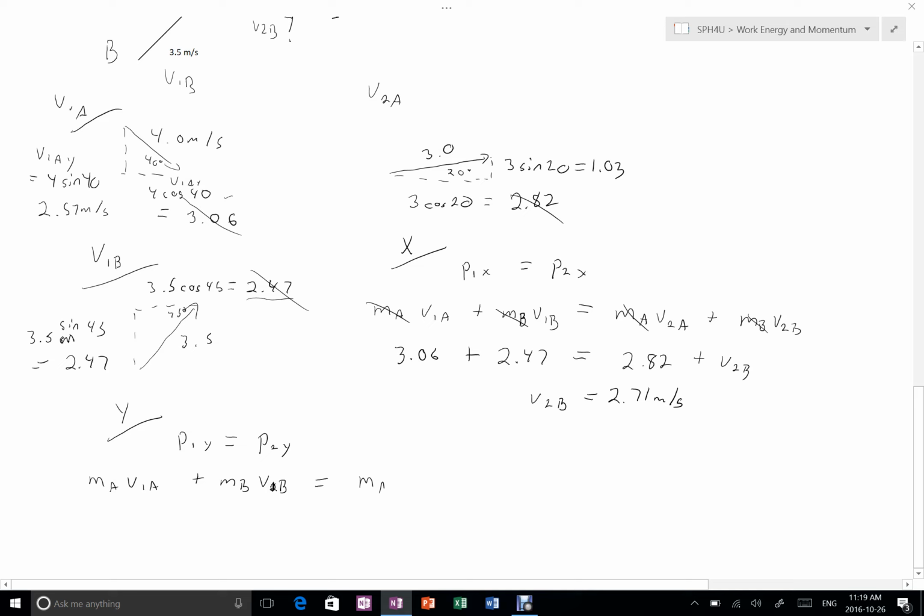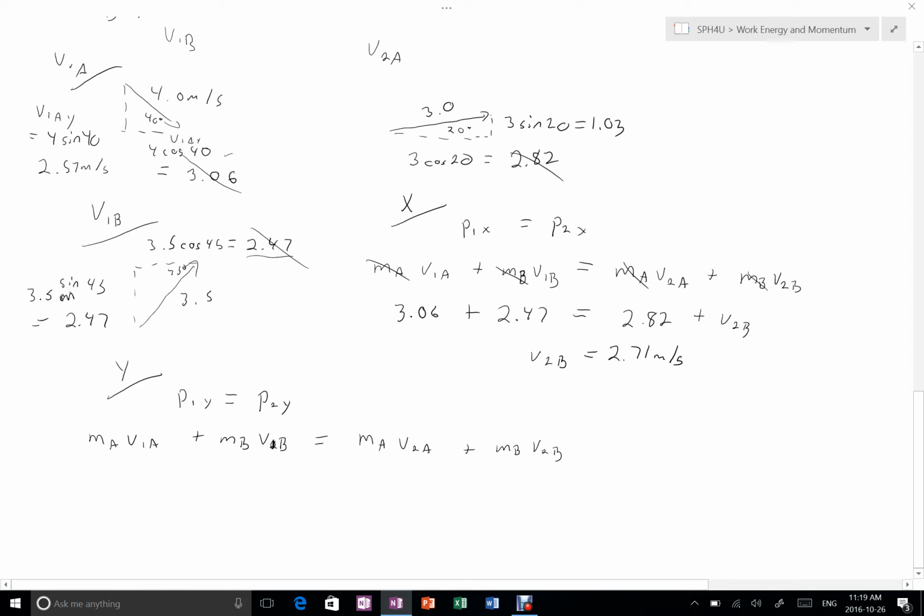And mass A times final velocity of A plus mass B times final velocity of B. Okay, now, the only trick with this is that I need to declare a positive direction. So I'm going to treat what I've sort of drawn as up here as positive. So that means that this one, which is going down, is negative. He's still positive, he's still positive, just that one right there.